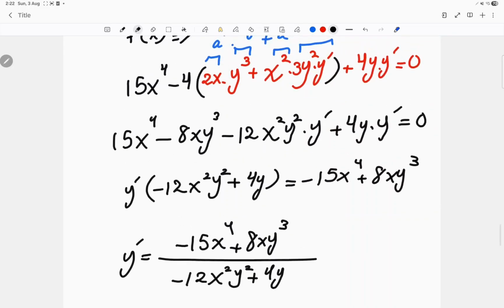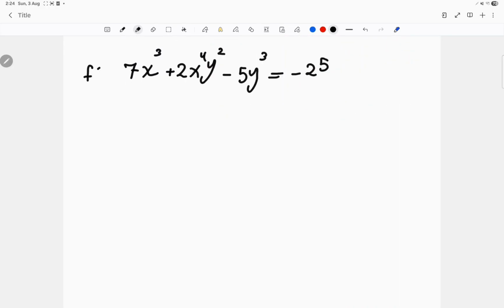So if your function is this, then I want you to find the f prime, or find the y prime. Is that 25? That's 25. So find the y prime at 1 and 2.